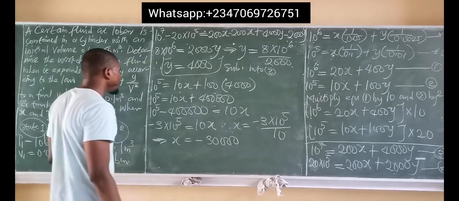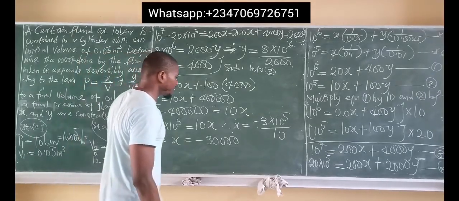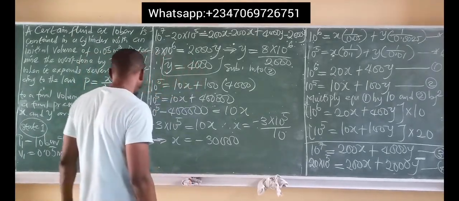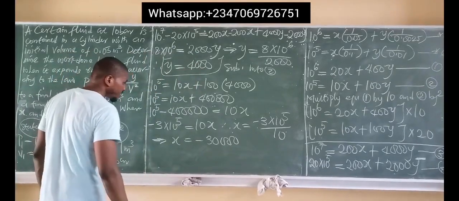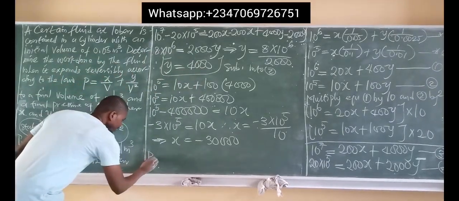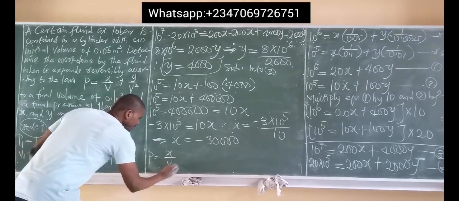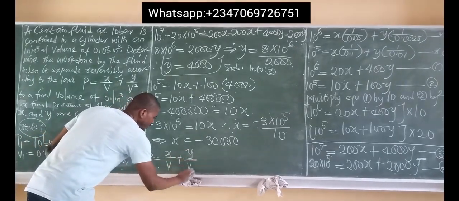So if we know the value of y and we know the value of x, then we can rewrite our law. Remember the law? P is equal to x all over v plus y all over v squared.